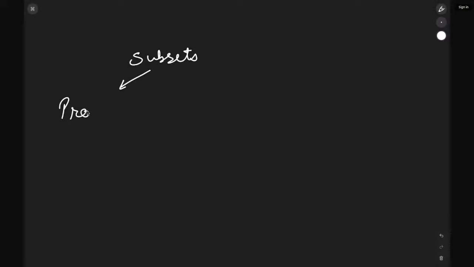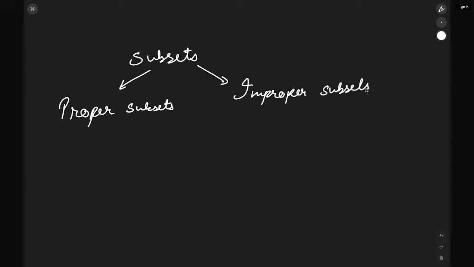First is proper subset, and the other is improper subset. Now, what is a proper subset? A proper subset is one that contains a few elements of the original set, whereas an improper subset will contain every element of the original set along with the null set.